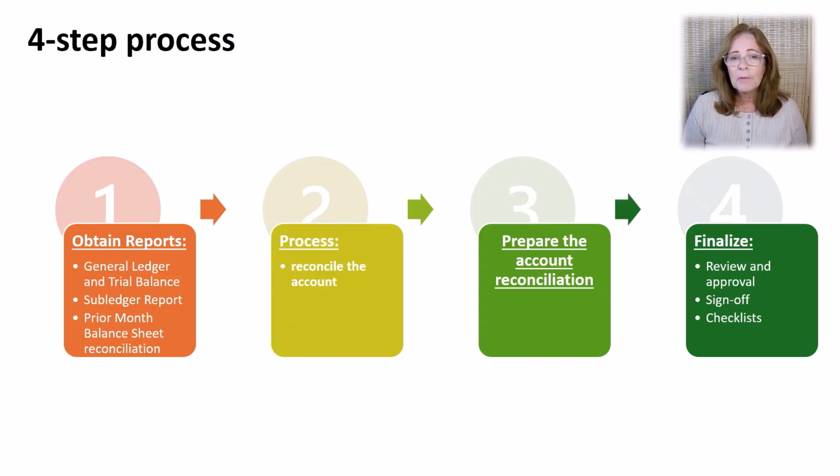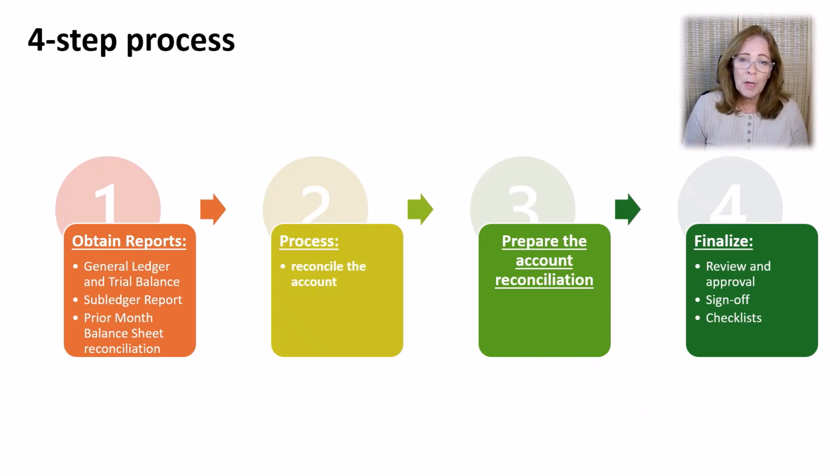That level of sign-off can depend on how material the account is to the overall financial statements. Your company should have an account reconciliation tracker, an important internal control to demonstrate to auditors that all reconciliations are prepared and signed off on.